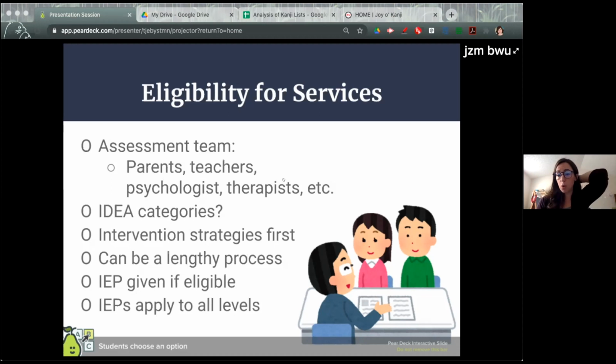But we do need to be aware of it. I believe the IEP document is still something that you could access and see as a university instructor.